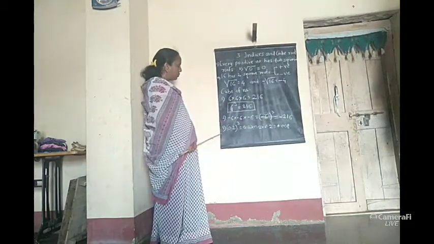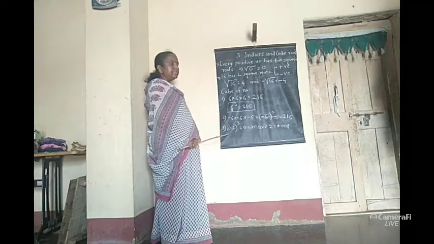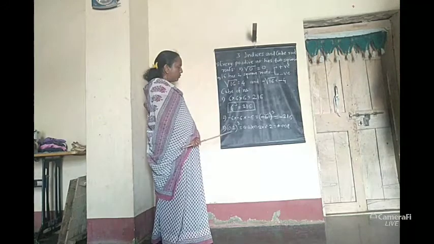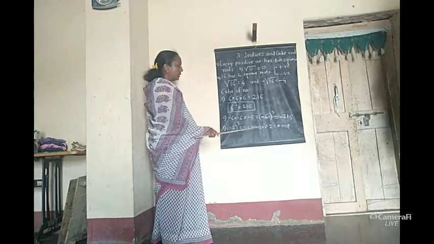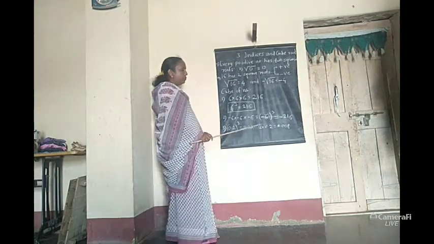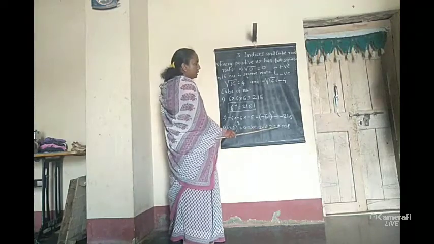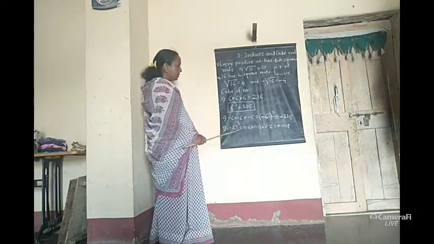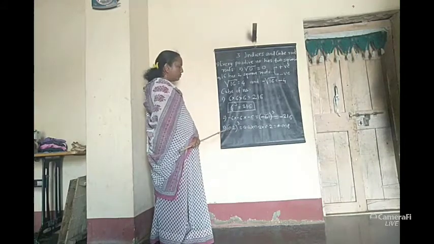Now see, the cube of 0.2. This is a decimal fraction and we have to find its cube value. We multiply 0.2 three times and we find the value of the cube is 0.008. Here is 0.2, the number whose cube we have to find.